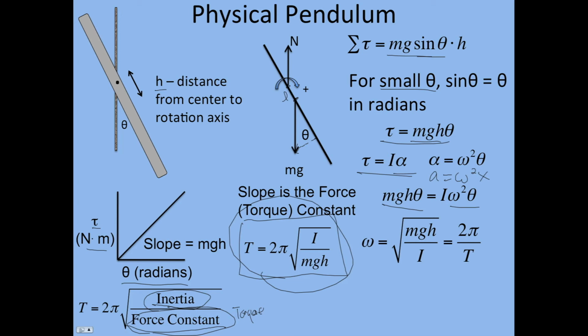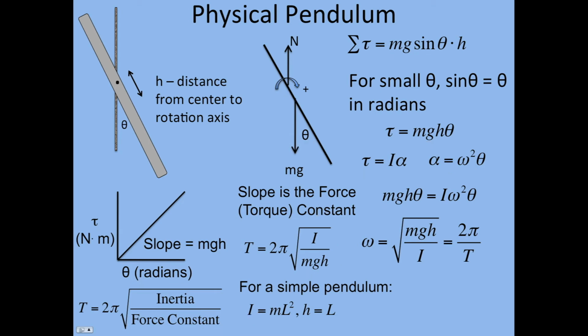Now I mentioned when we did simple pendulum that you could also treat simple pendulum this way, with torque equals I alpha. And if you do that, the I is for a particle, because for a simple pendulum we don't have an extended object, so we just say it's m r squared, where in this case L is the radius of swing for a simple pendulum, and that is also the distance from the center of the simple pendulum to the rotation axis.